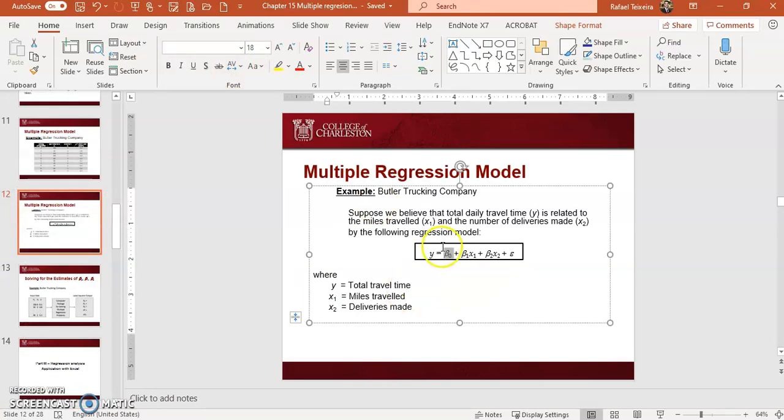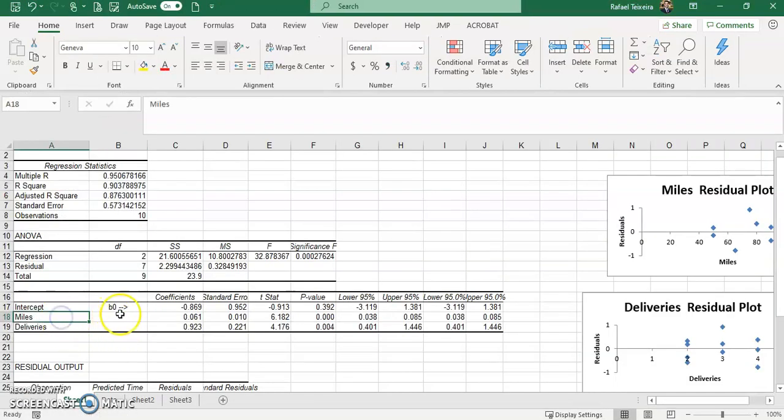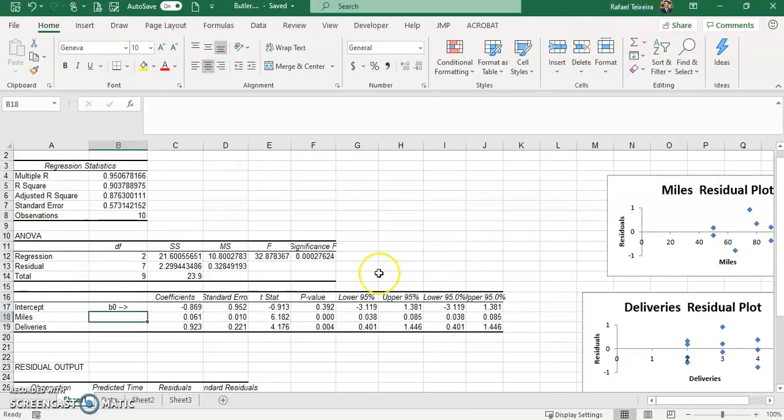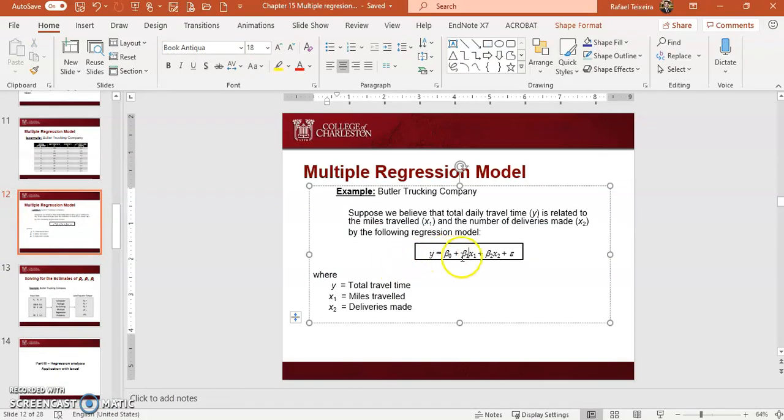This one, x1, is our miles traveled. The coefficient associated with miles traveled is beta 1, or B1. And if we take a look here, x2 is deliveries made.